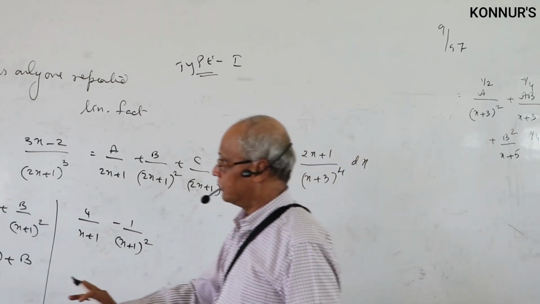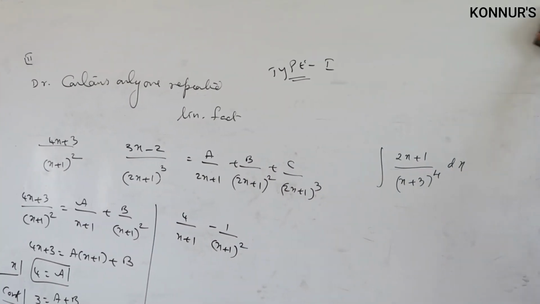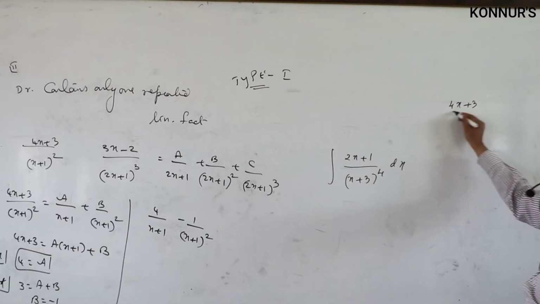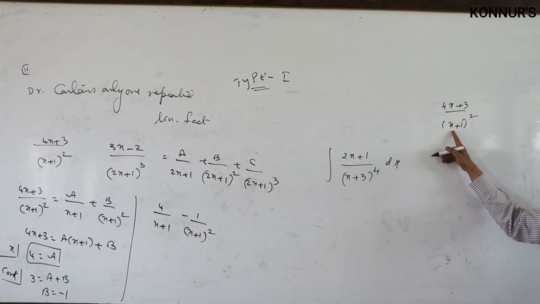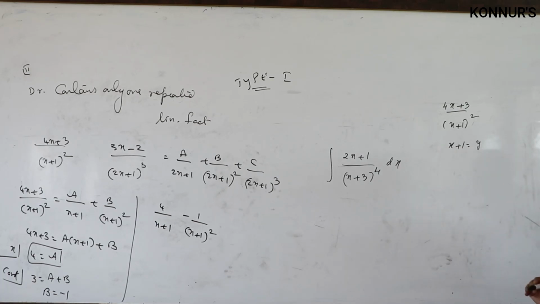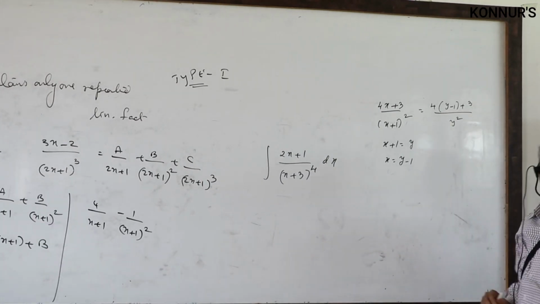Okay? What you do is take this first problem. Your first problem, 4x plus 3 by x plus 1 whole square. Problem is here only. Replace x plus 1 as y. Single variable. Then what is the x value? y minus 1. Write down here 4 into y minus 1 plus 3 by y square.